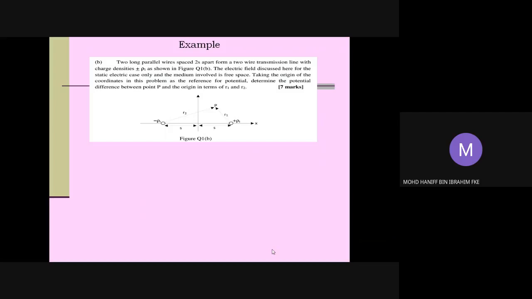We have a 2s spacing between the wires. It is a two-wire transmission line with charge densities of positive rho L and negative rho L. Basically it should be in coulombs per meter, because it's a wire transmission line, so rho L should be in units of coulombs per meter.